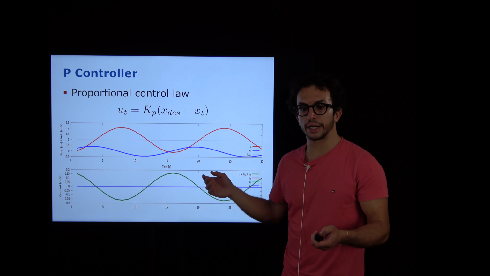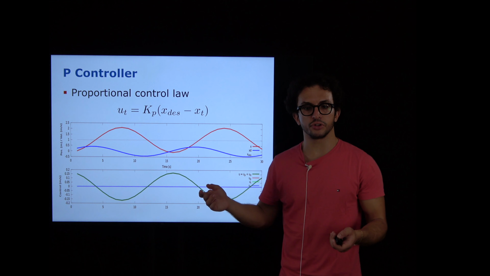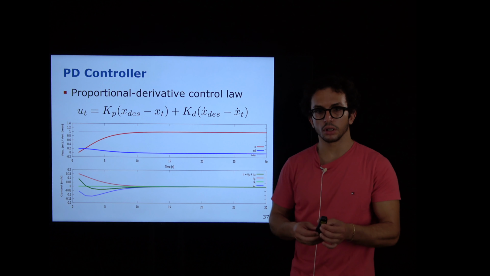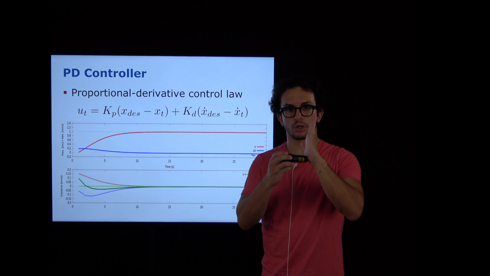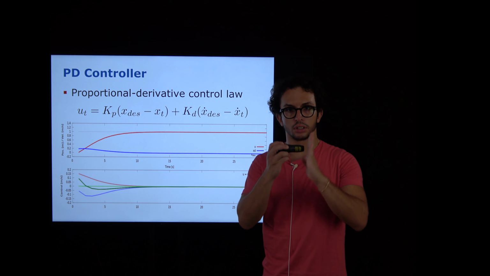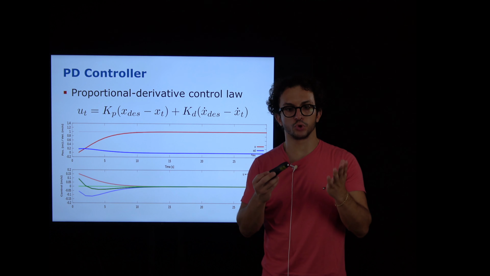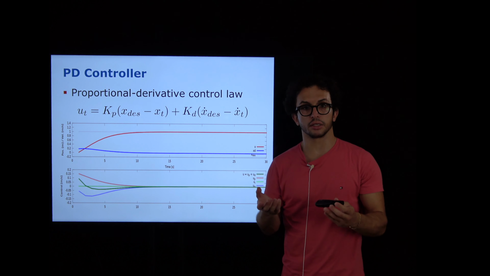So actually we try with the derivative term. Why the derivative term? Because the proportional action is something that makes the system oscillate around this desired state without managing to stop. But the derivative action acts as a brake to the system.